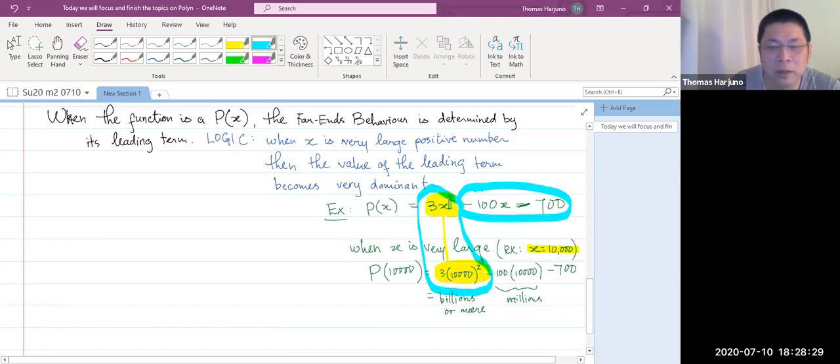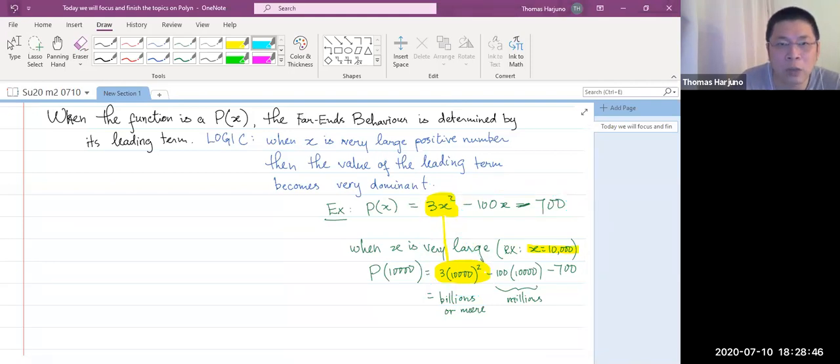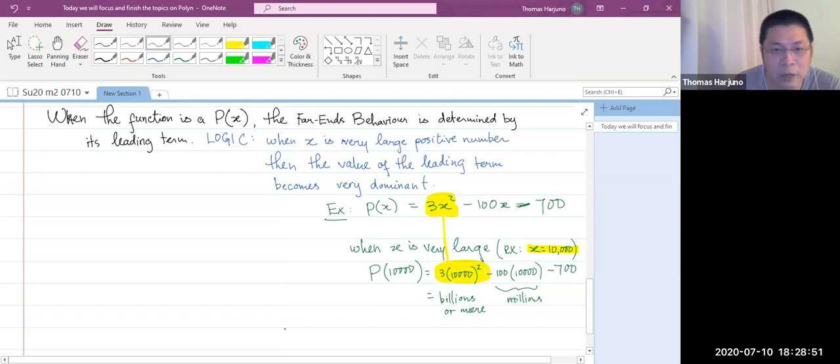That's why I say it's determined by the leading term, because that's the dominant one. Likewise, when x is a very large negative number, where the magnitude is very large, like negative 10,000 or negative 1 million.